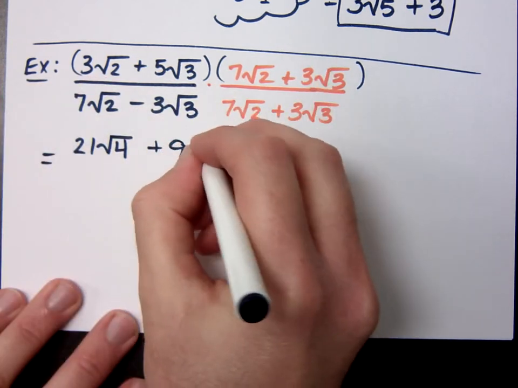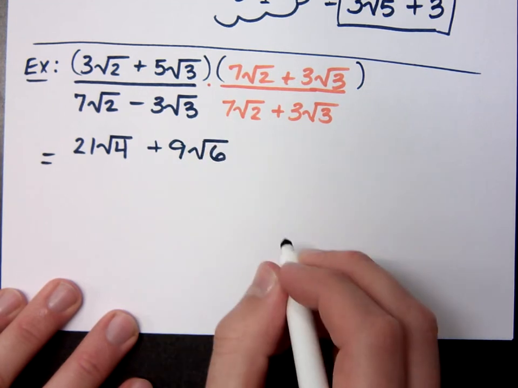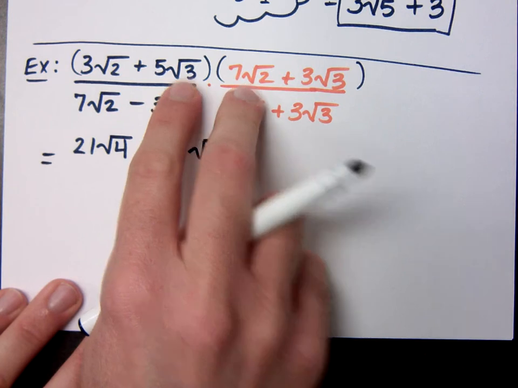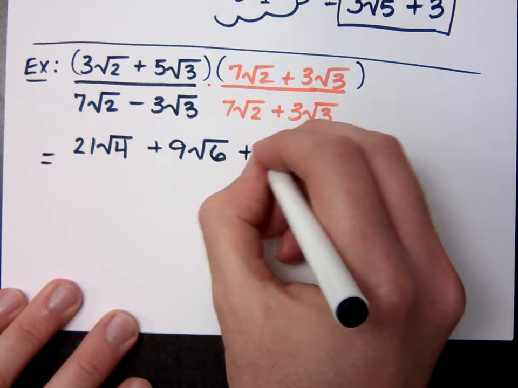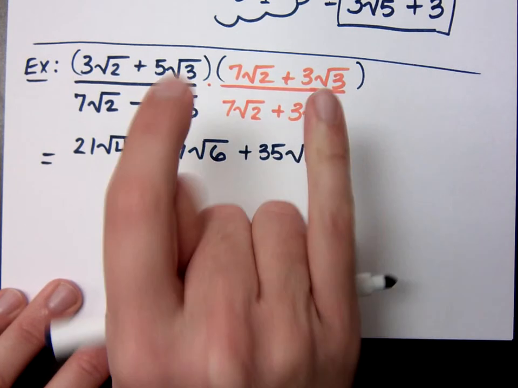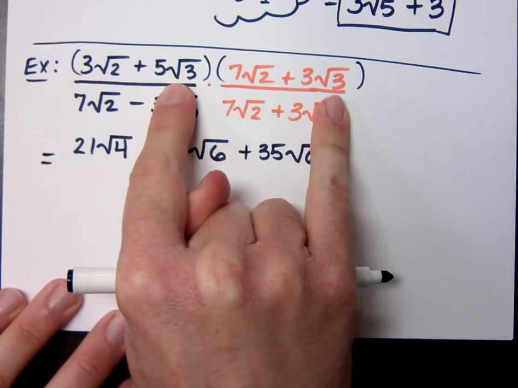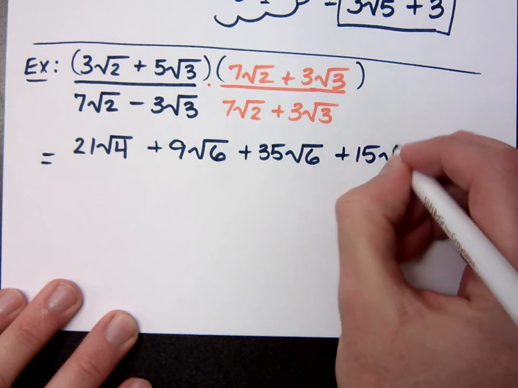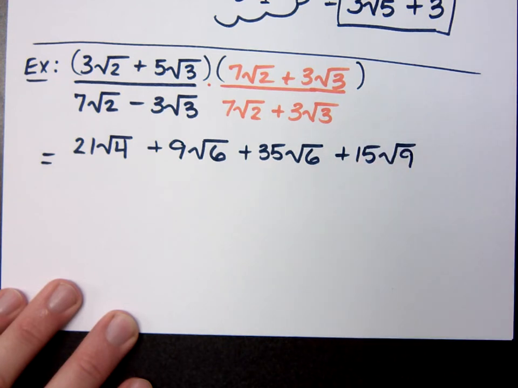Multiply the inside terms. What do we have? 35 square roots of 6. And when I multiply the last terms, what do I have? 15 square roots of 9. Is that right?